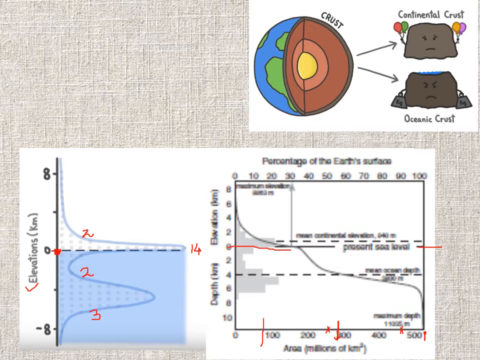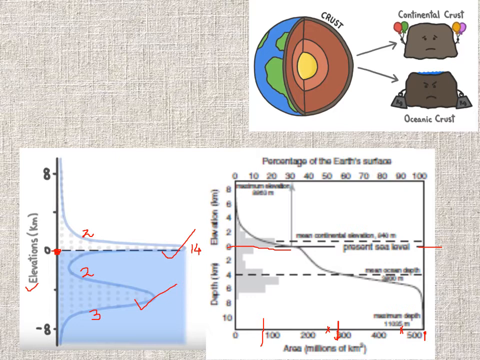Now if we plot the heights or depths of the entire earth, we can see that there are two peaks. One peak is here and one peak is here. These two peaks tell us that these are the most frequently observed or most frequently encountered heights or depths.